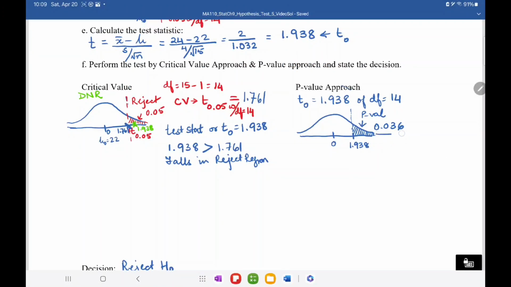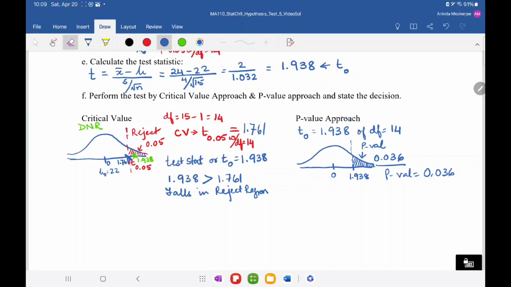The actual p-value is 0.036 using the calculator, but with the table, you have to write that the p-value is greater than 0.025 but less than 0.05, which makes it a value between these two alphas.